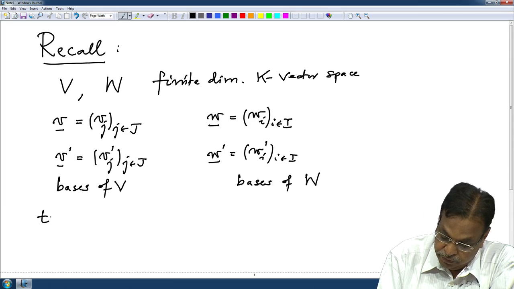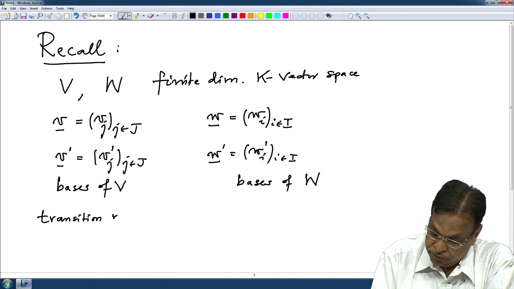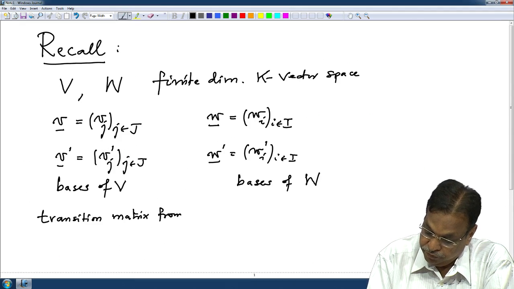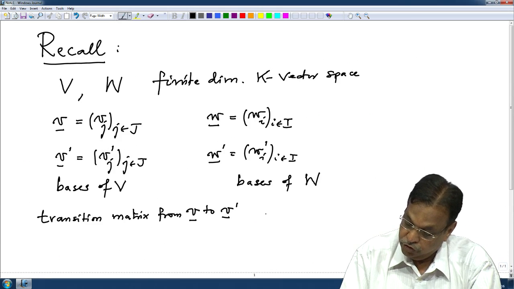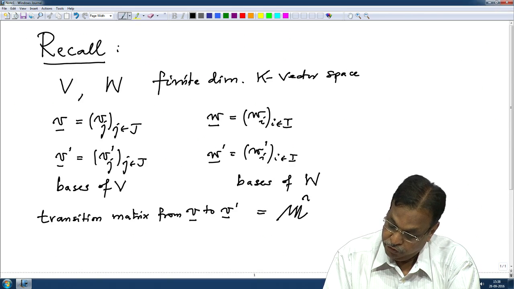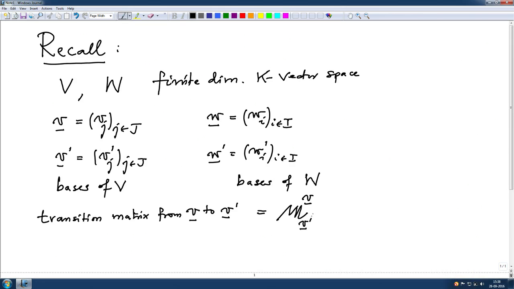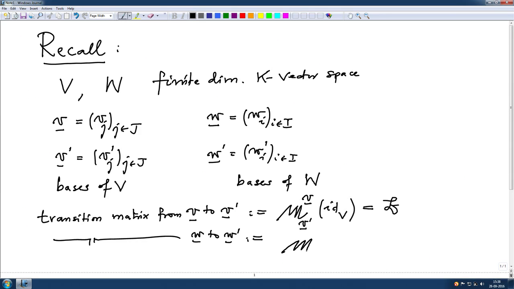So the transition matrix from V to V prime is the matrix, we denote it by M, from V to V prime of the identity map of V, and this matrix I denote by B. Similarly, the transition matrix from basis W to W prime is by definition the matrix from W to W prime of the identity map of W. Let us call it C, and both these matrices are invertible matrices.